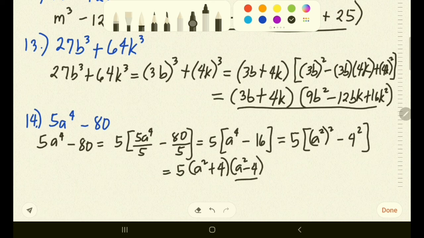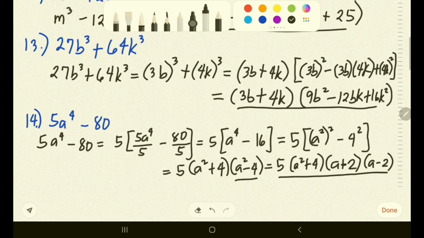But notice a squared minus 4 can still be factored. That is difference of two squares. So, very obvious. That would be a plus 2, since 4 is 2 squared, times the quantity a minus 2. Okay, they are the factors of 5a to the power of 4 minus 80.